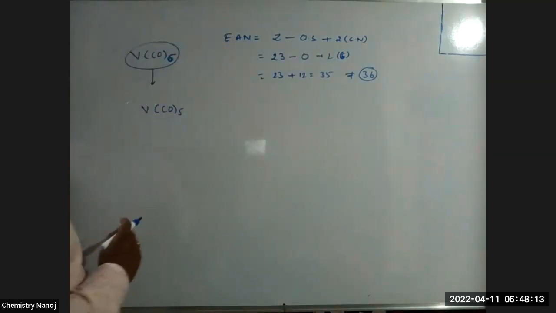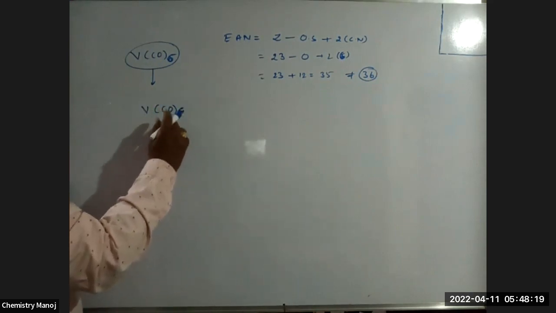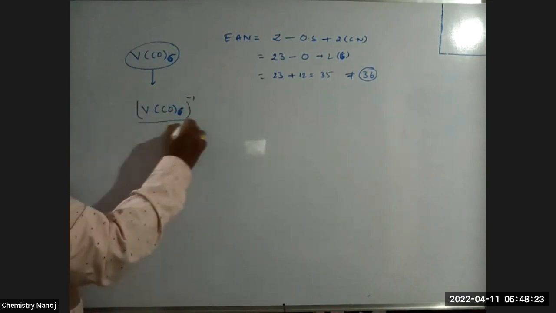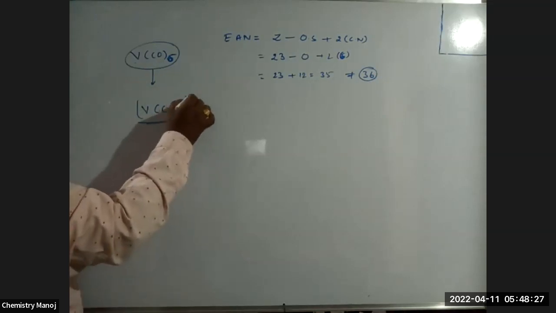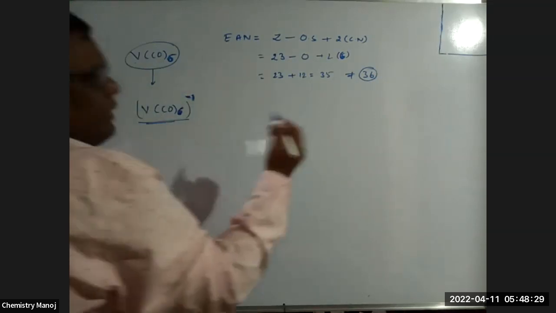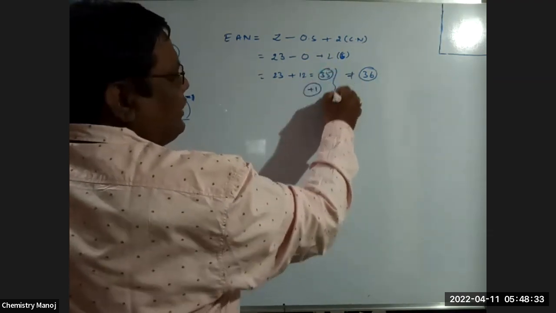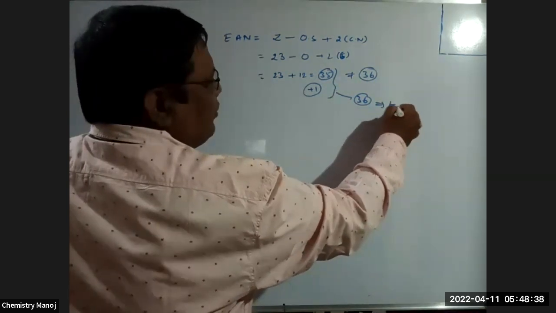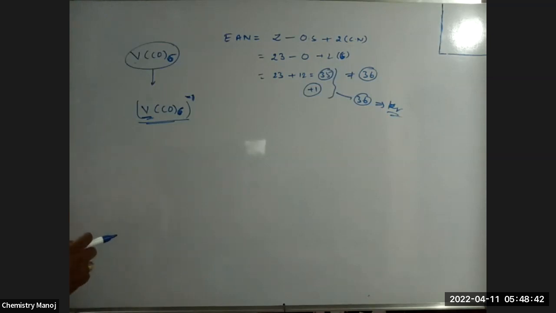But it doesn't follow EAN. For that, it gains one electron from others. Now V(CO)6 converts into [V(CO)6] minus 1. Because of the minus 1, one more electron is added here, so 35 plus 1 is 36. Now it follows the krypton atomic number. Now in this case, does vanadium follow EAN or not?